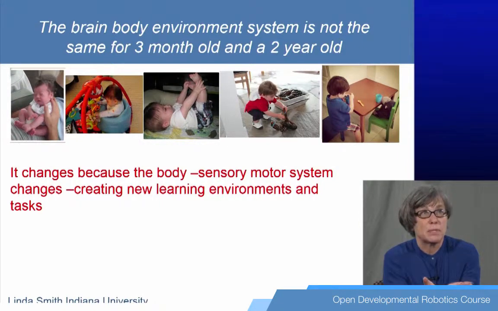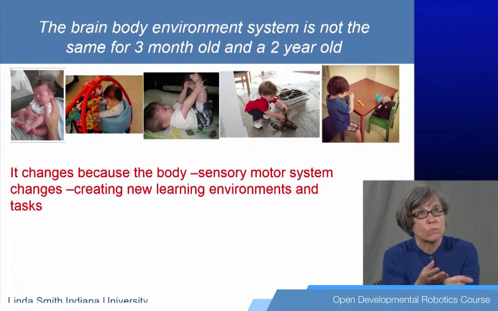So if we look at these babies in the figure, that little newborn baby up there in the corner with its dad's hand holding against it, the brain-body environment for that baby is fundamentally different for the 3-month-old, for the 7-month-old playing with his feet, for that 14-month-old exploring his first lobster, or for the 2-year-old involved in pretend play. The body-brain environment, all three components change because the baby's body, the sensory-motor system, changes, and every change creates a new learning environment and new tasks to be discovered.